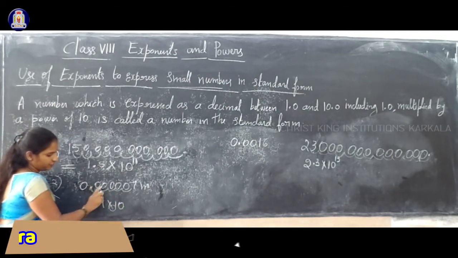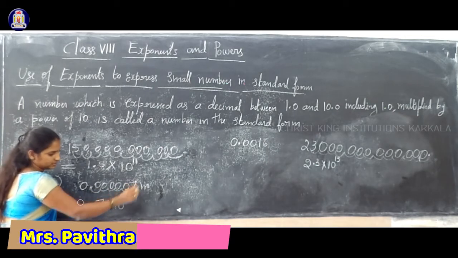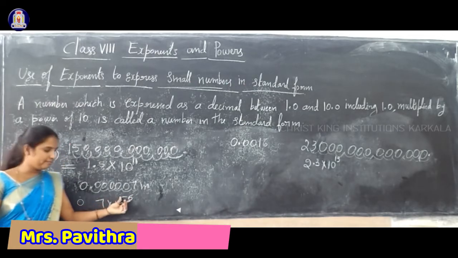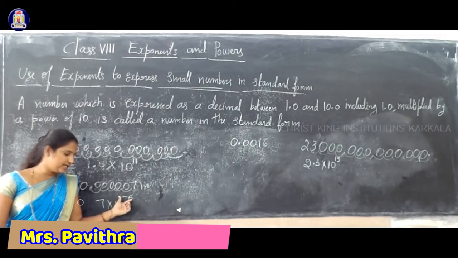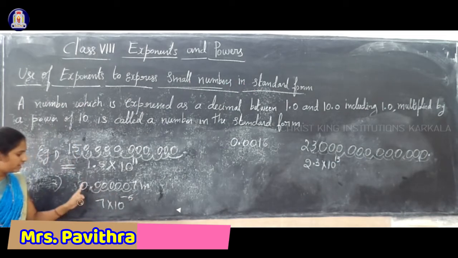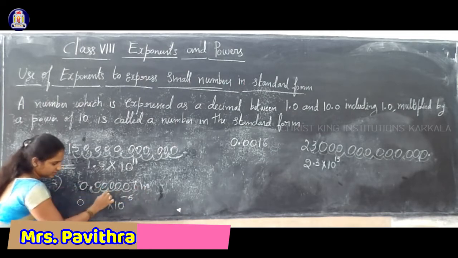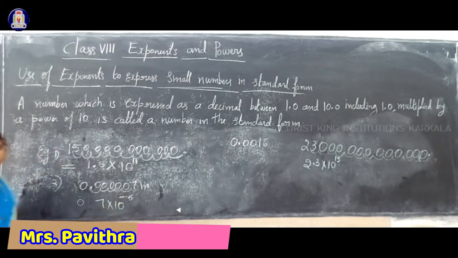How many steps did we move? 1, 2, 3, 4, 5, 6. So 10 power minus 6. Why minus 6? Why negative exponent? Because this decimal point is going to the right-hand side. So we write minus 6.